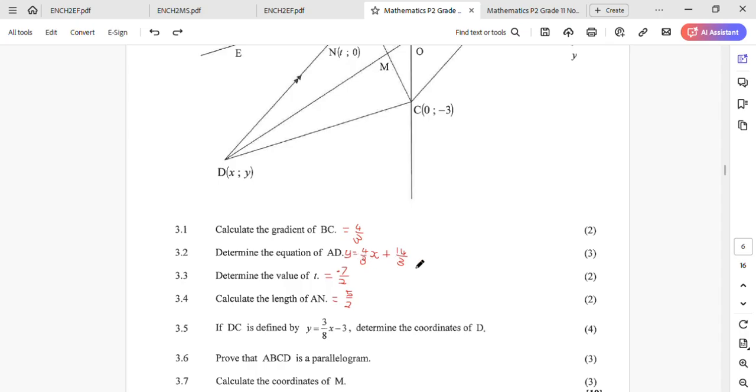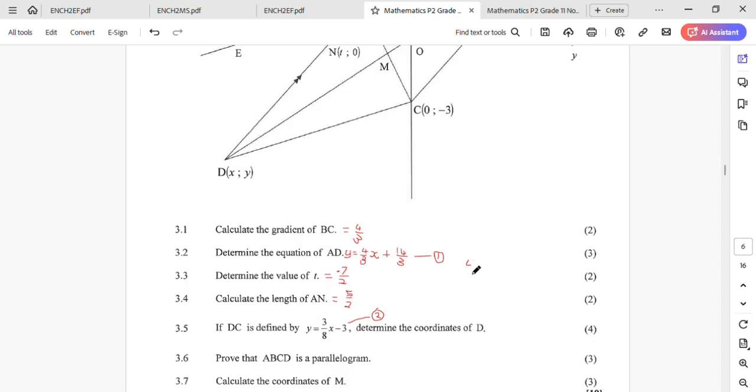Yeah, this is our equation 1, and this one is our equation 2. So these are independent of x and y. We're just going to equate the two.